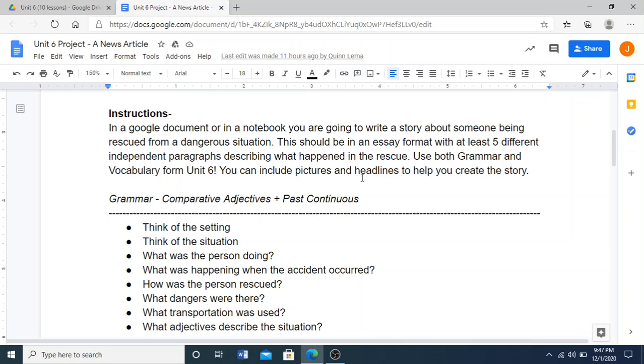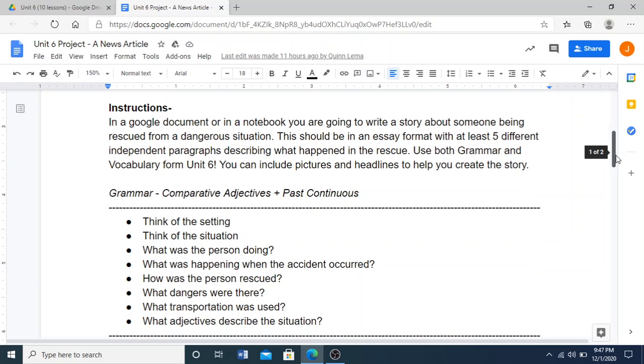And remember, in Unit 6, the grammar we touched mostly is comparative adjectives and the past continuous form. You should use as much of these as you can in writing your newspaper article.